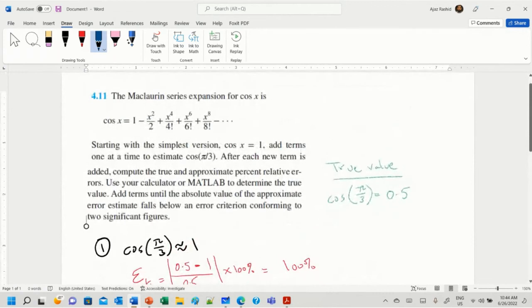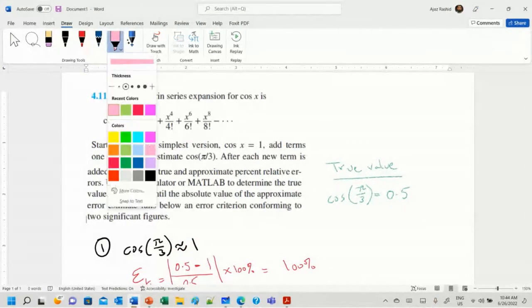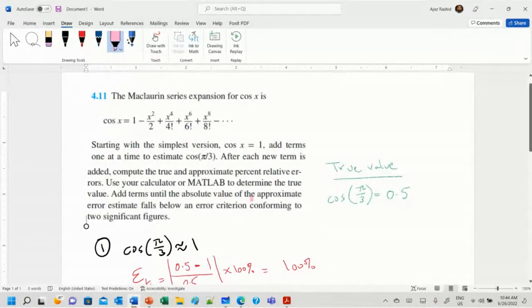Of course, when do we need to stop? If we read the question, it says stopping criteria conforming to two significant figures.